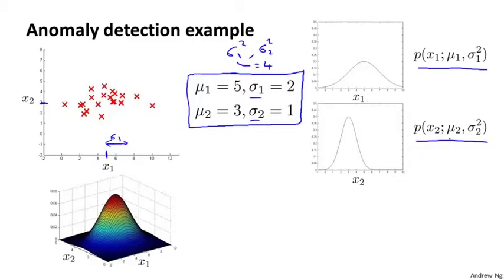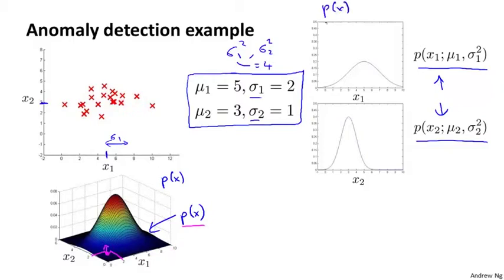And it turns out that if you were to plot p of x, which is the product of these two things, you can get a surface plot that looks like this. So this is a plot of p of x, where the height of this surface at a particular point, given particular x1, x2 values, say x1 equals 2, x2 equals 2, that's this point, and the height of this 3D surface here, that's p of x.